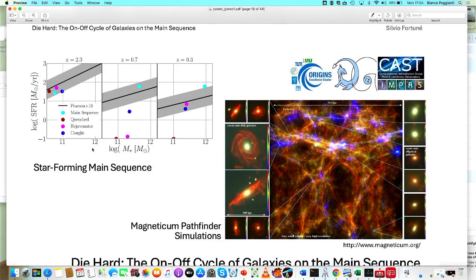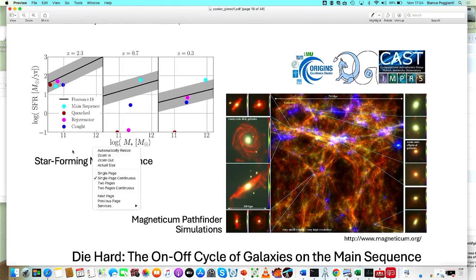The magenta galaxy makes it back onto the main sequence, while the blue galaxy actually only quenches slightly below and then keeps a constant star formation rate until the main sequence itself declines down to it. So I classify the galaxies according to those formation scenarios and want to find out what shapes those scenarios.